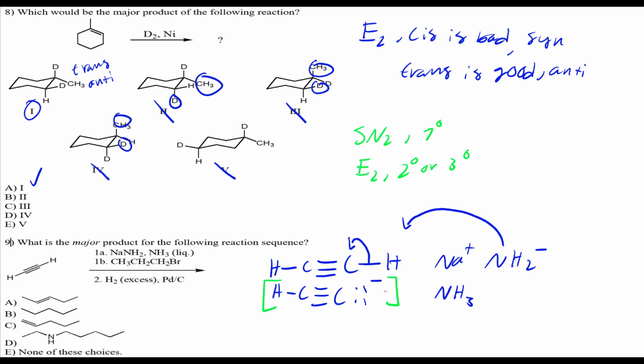So whenever you're doing this, you're just creating an acetylide, and now we have to react it with something. In this case, we're reacting with CH3, CH2, CH2, bromine, and notice that this is going to be a primary. So what do we know? He looks at it and says, I'm not going to do E2 because you're not secondary and you're not tertiary.